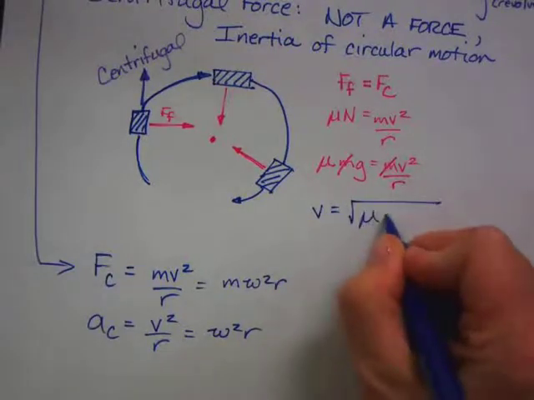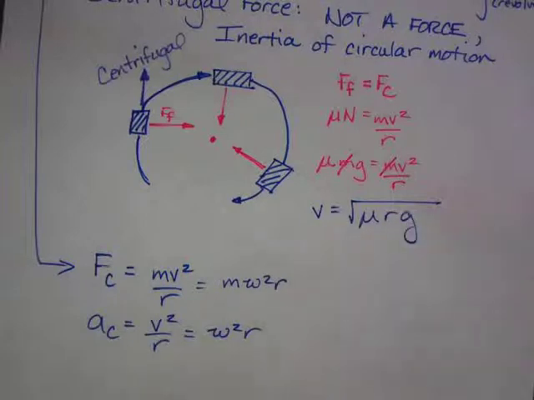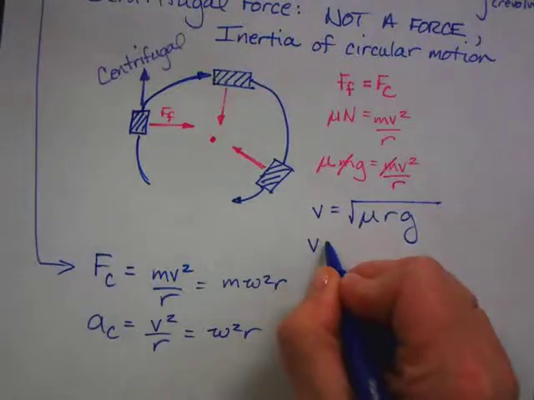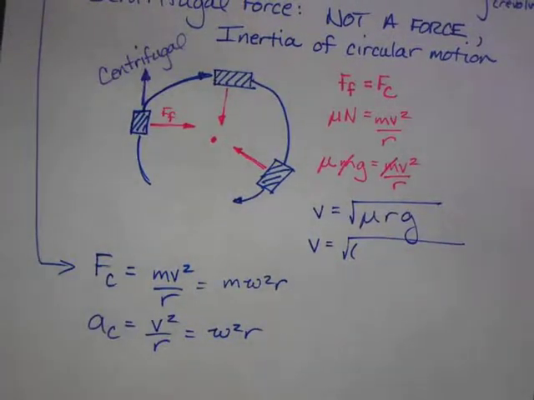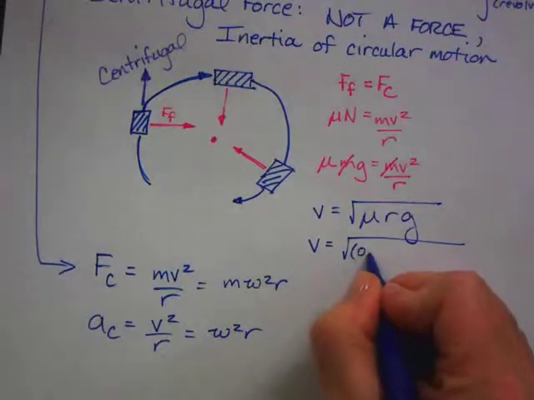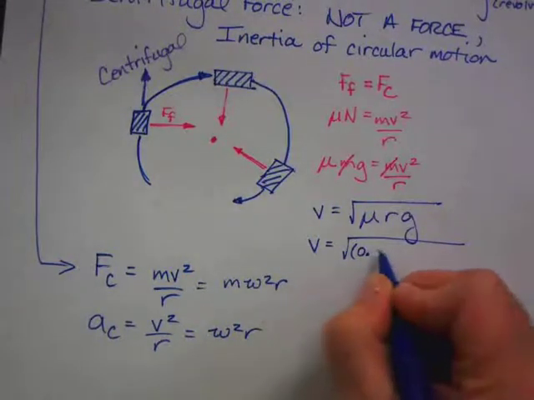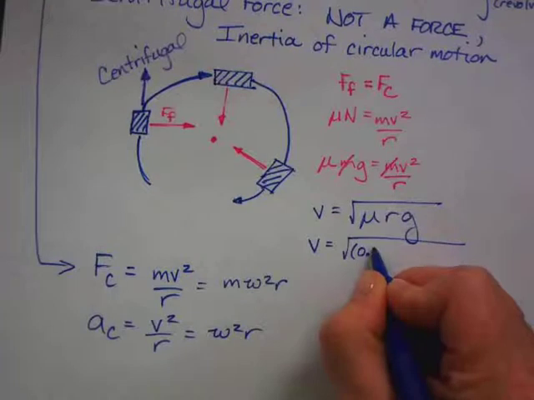Let's put reasonable numbers in here and see what we get. Let's solve for the velocity of the car. See where that came from? And I'll put in some typical numbers.